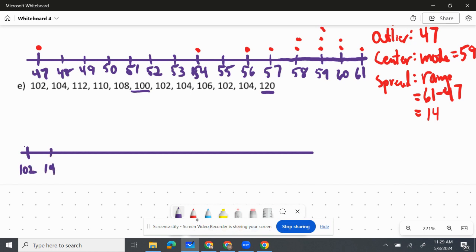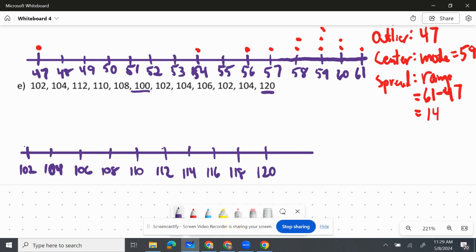And we'll go by twos. And so we have 102, 104, 112, 110, 108, 100.